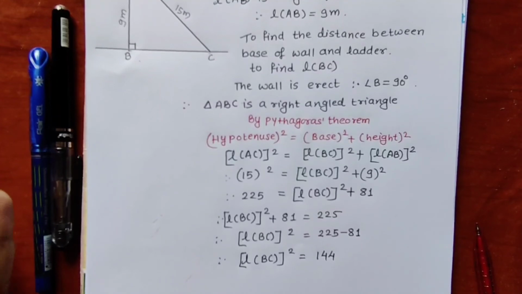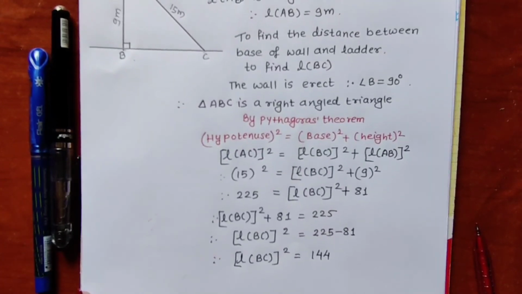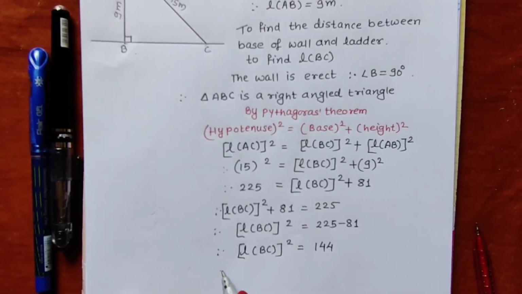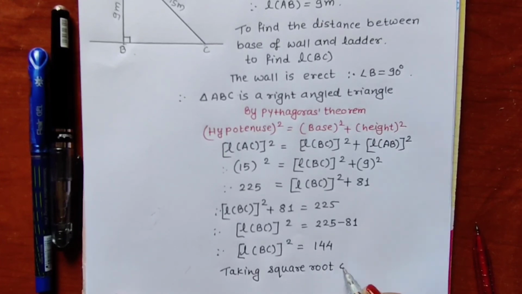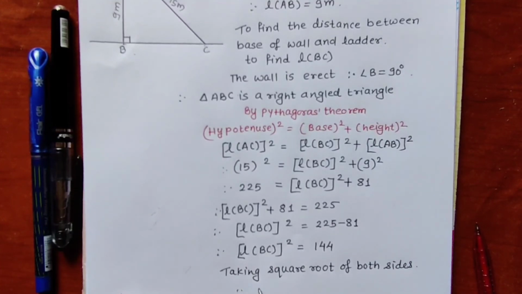Square is there, we only require BC. So what should be done? We take the square root of both the sides. So we write the square root symbol.